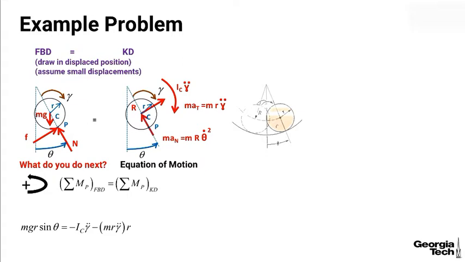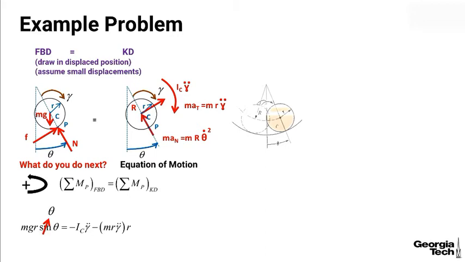That gets rid of the friction term and the normal force, since their lines of action go through that point P. I end up with mgr sine theta on the left-hand side, and on the right-hand side I have my I_C gamma double dot minus my mass times acceleration tangential term times the moment arm from point P, which is R. So this is the result.